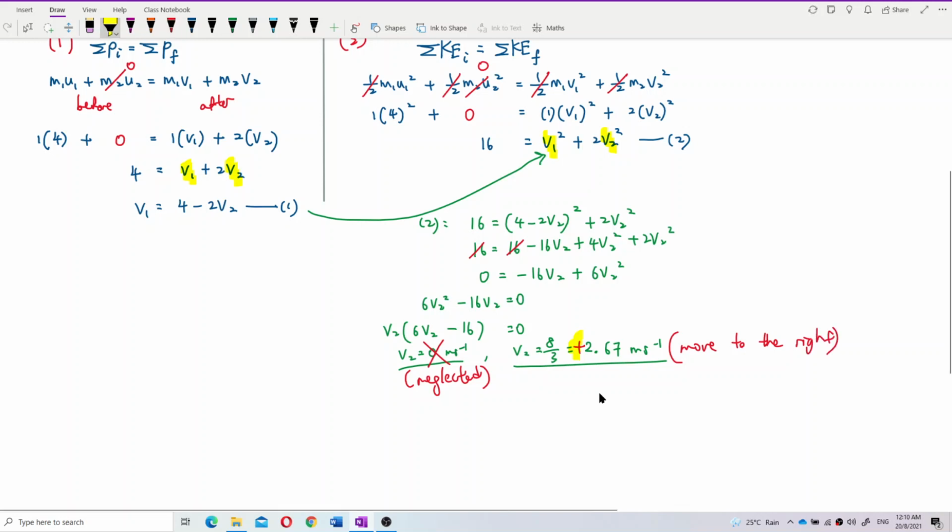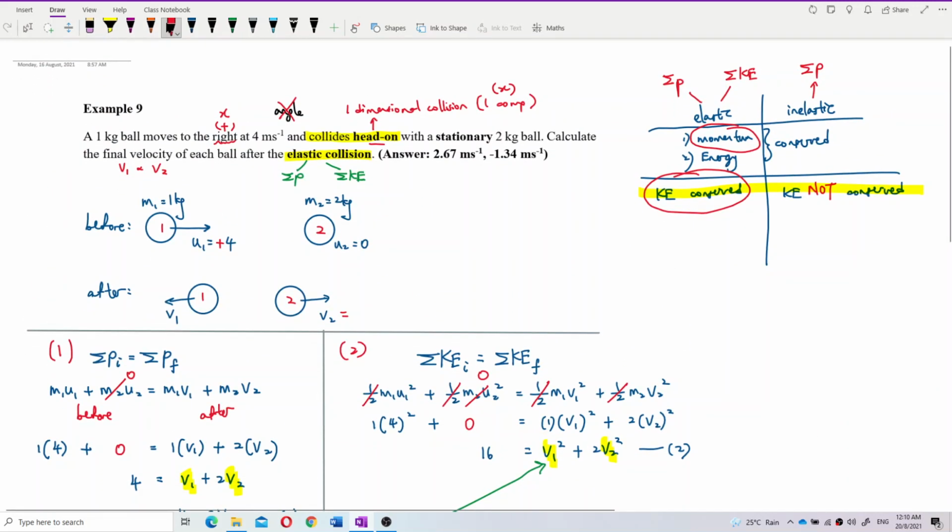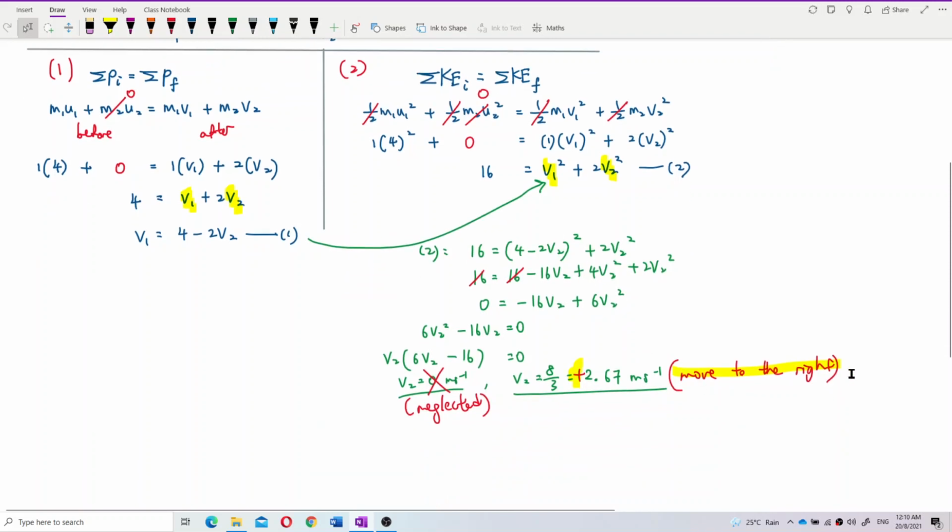You must write the direction also, because velocity is a vector. For a vector you need to give two things: magnitude and also direction. So you need to explain the direction in words. So you need to say the direction is to the right for velocity 2 because we got a positive value.